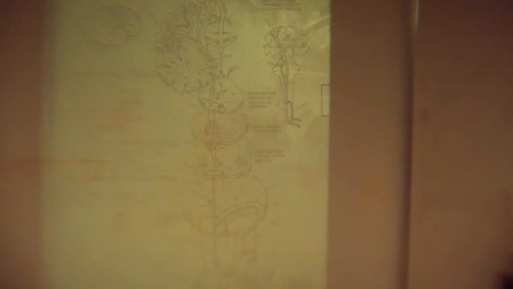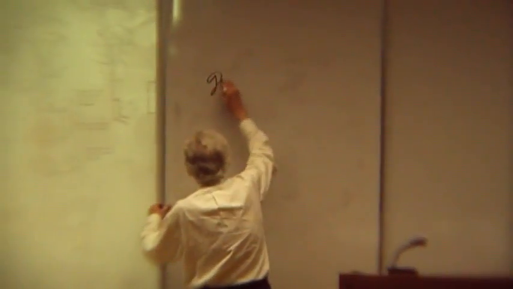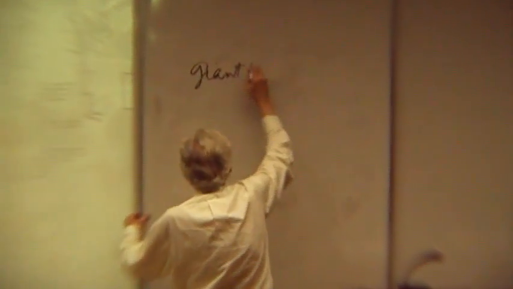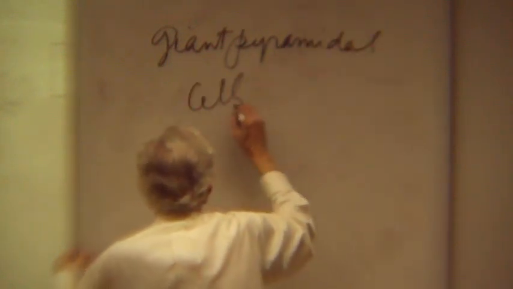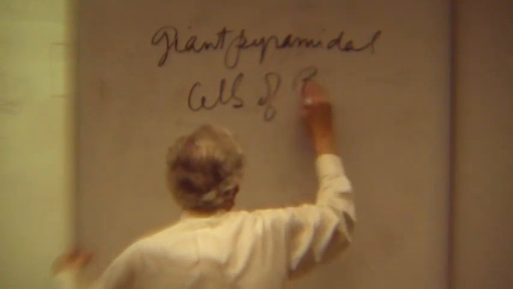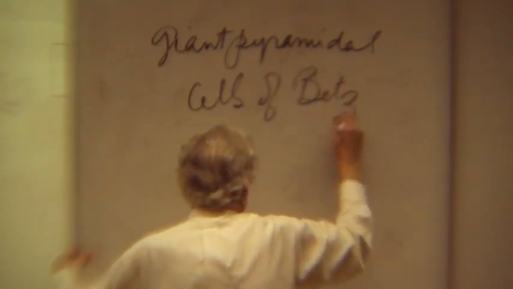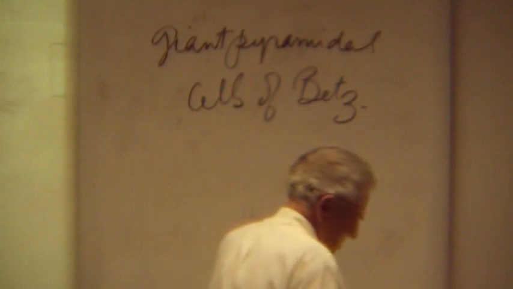They're known as the giant pyramidal cells of Betz. Giant pyramidal cells of Betz. Who was Betz? He was a Russian neuroanatomist, I guess, who first described it.